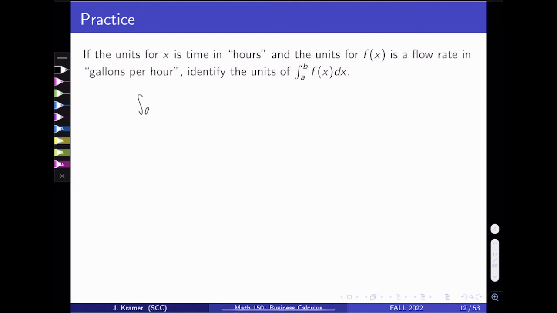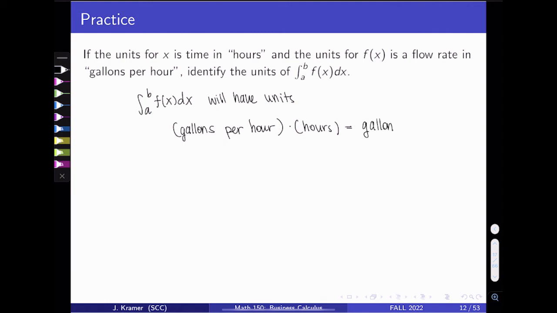So the integral from a to b of f of x dx will have the units of f of x, which are gallons per hour because it's a rate, times the units of x, which are hours, and we end up with gallons. So the result of that integral will be in gallons.